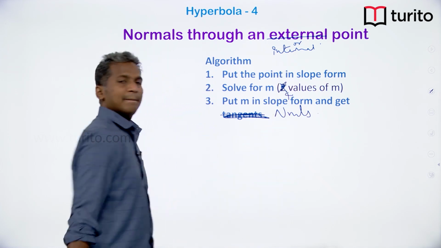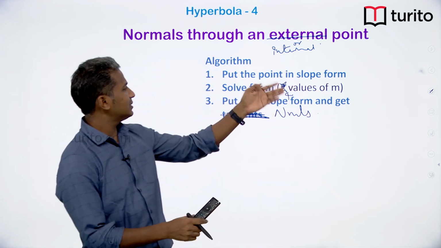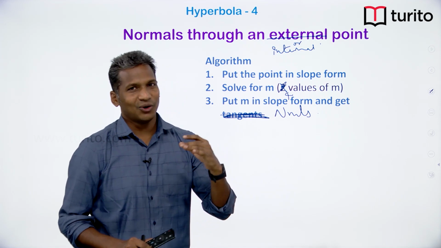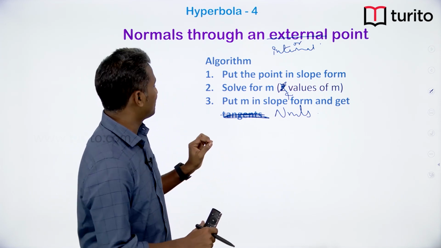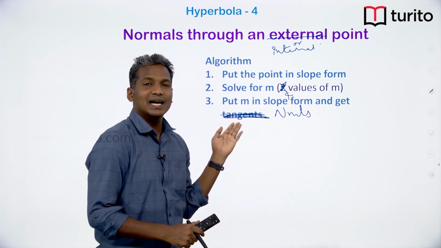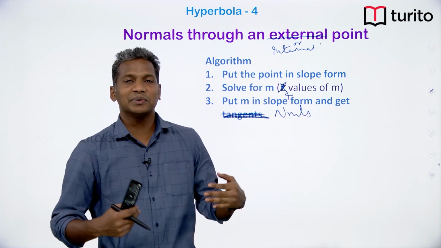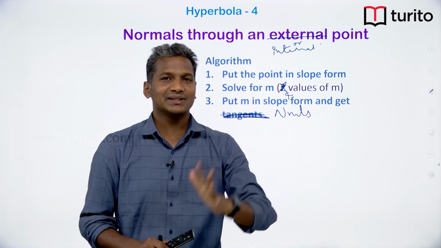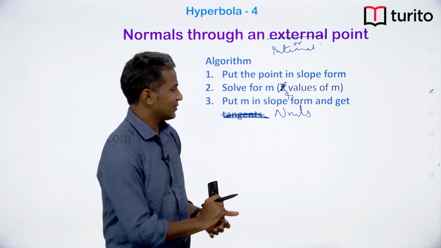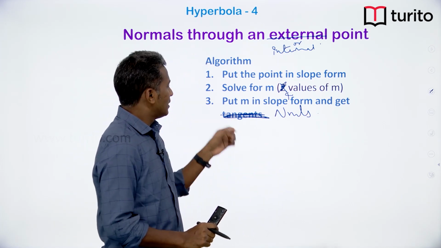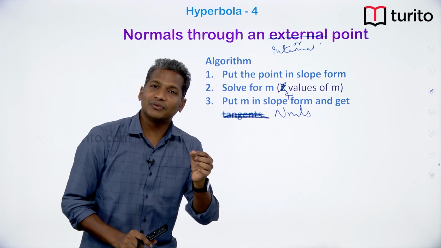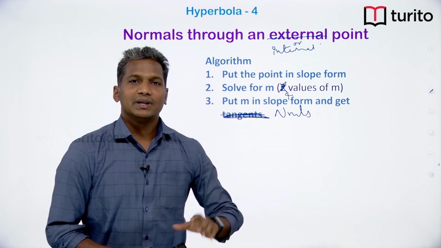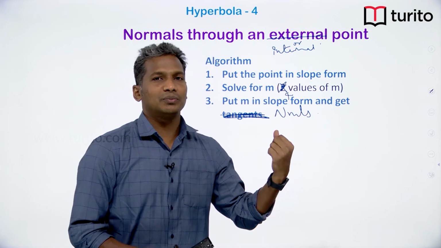We can put them back in the equation to get the normals. But of course, you understand why tangents came here, because when I was making the PPT, I just copied the same slide and changed tangent to normals. But that happens. Here, if there is a confusion of plus minus sign, then you can go for the point slope form always.